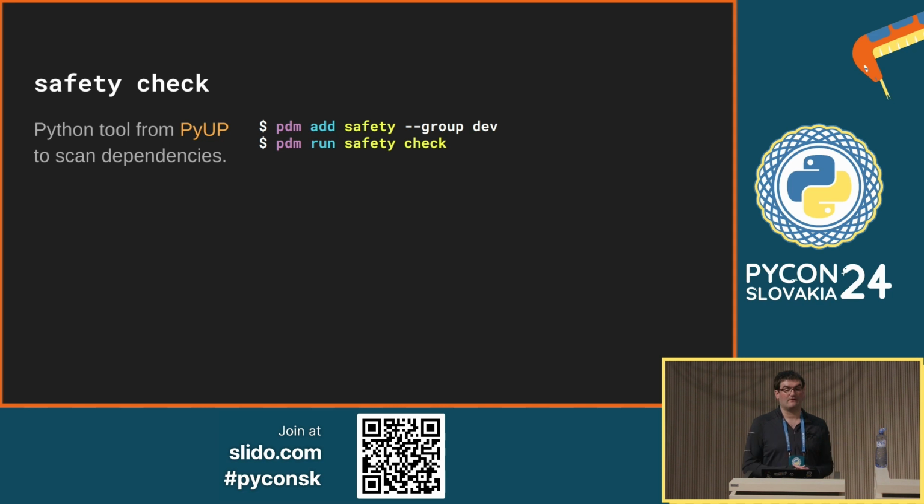And so one of the ones that I would just beg of everyone, if you're maintaining any Python project whatsoever, is to at the very least use Safety, which is a package published by PyUp, a company doing similar work to before. It will check for any vulnerabilities inside of your Python packages.